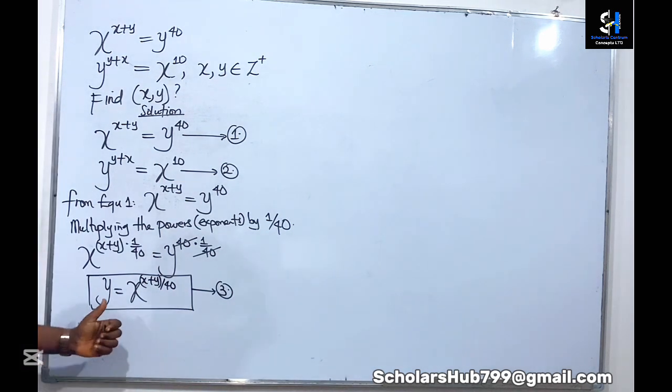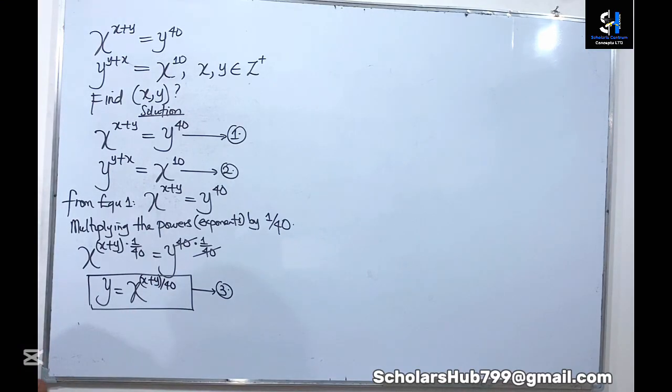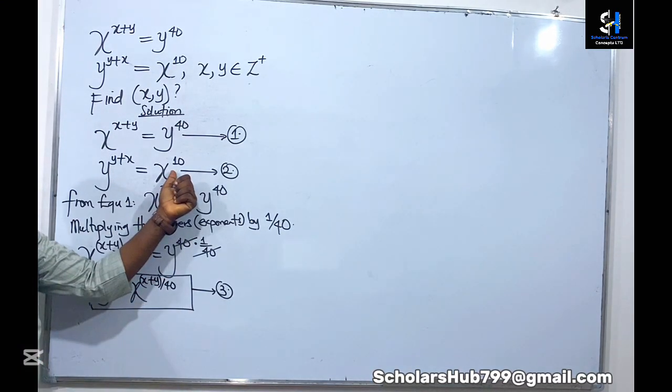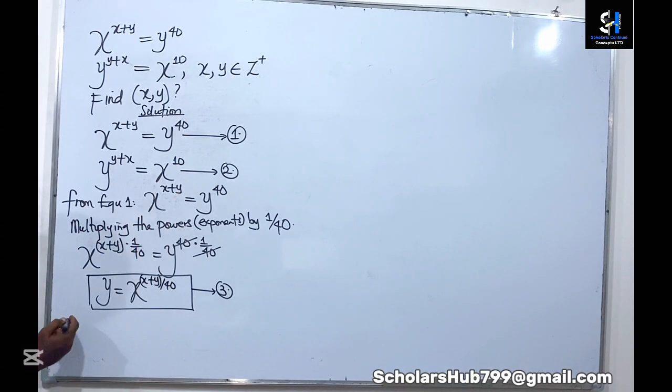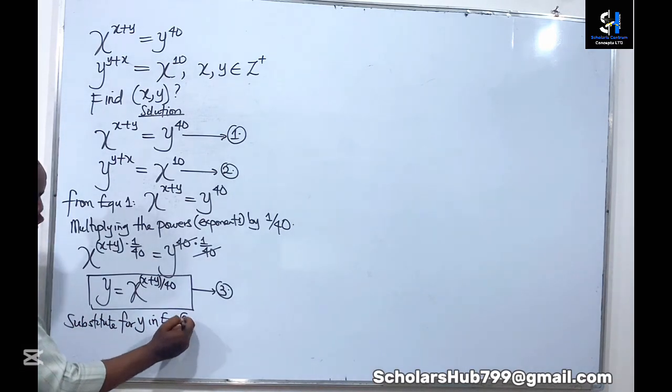Now, y equals x raised to the power of x plus y divided by 40. So I'm going to substitute for y in equation 2 because I used equation 1 to derive equation 3. All right, so let's substitute for y in equation 2.